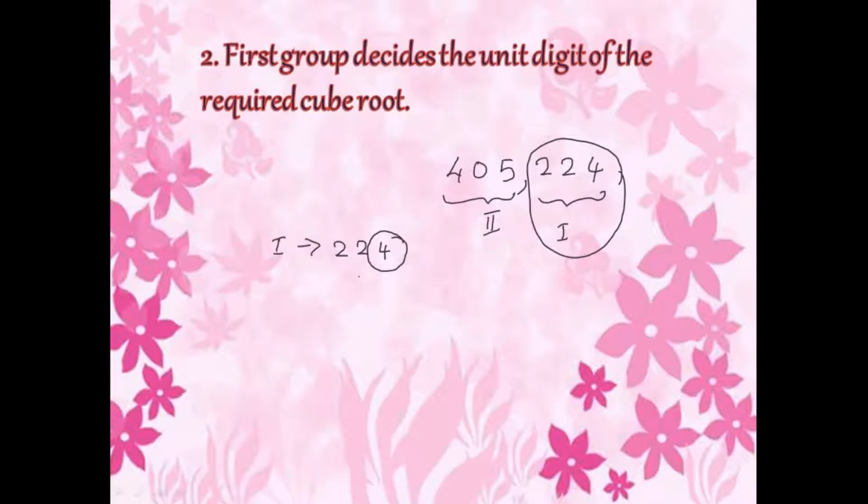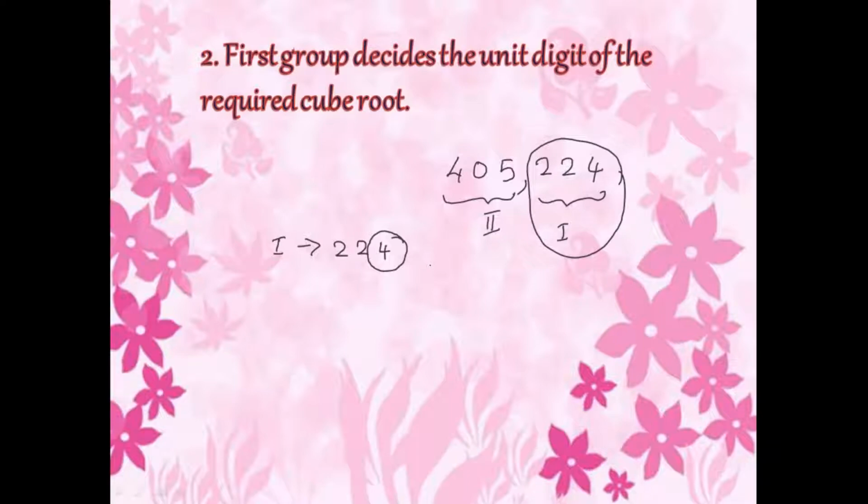Using the property of the cubes of natural numbers that we have learned in the same chapter, property 2: if a number has 1, 4, 5, 6 or 9 in the unit place, then its cube also ends with the same digit. Did you remember?